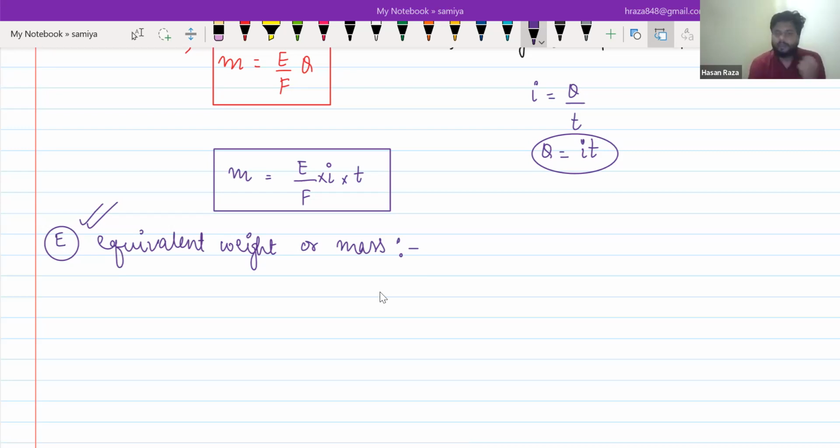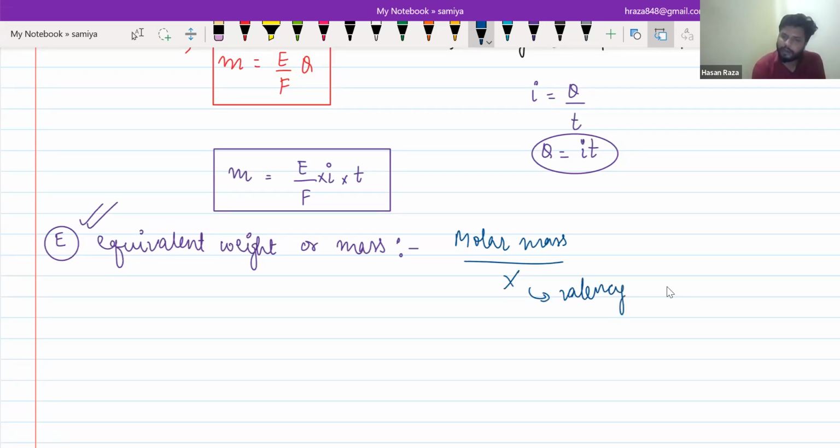Very bad. Okay. See, equivalent weight or equivalent mass has a formula that is molar mass upon X. And X is basically valency factor. In some books, it is written as N factor. X is N factor or valency factor.